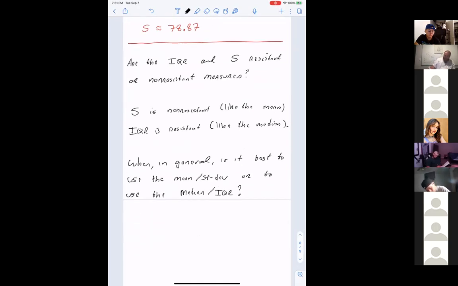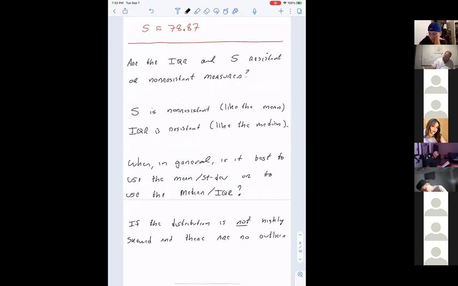So the answer is, if the distribution is not highly skewed and there are no outliers, use the mean.